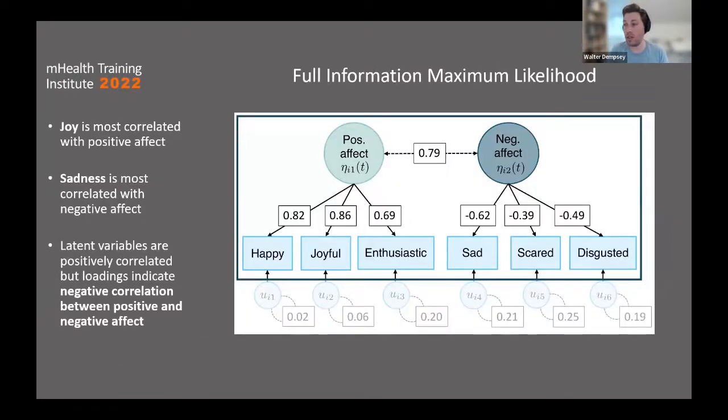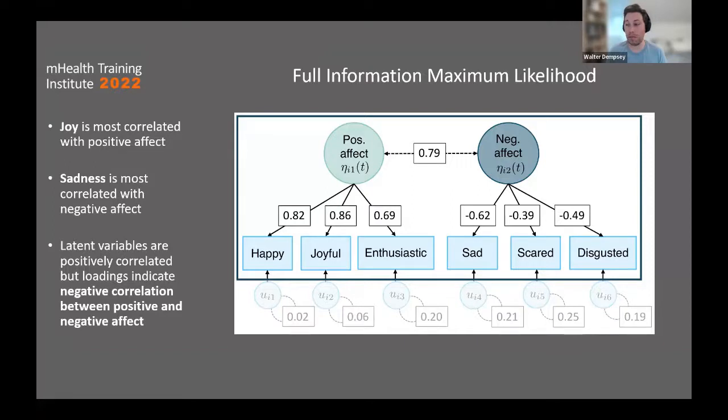One way to go is to just do maximum likelihood estimation, in which I specify a complete joint model for the dynamics of the system. I have a model both for positive and negative affect over time, and I have measurement models for the different items.